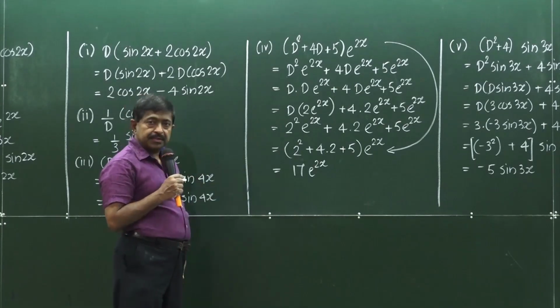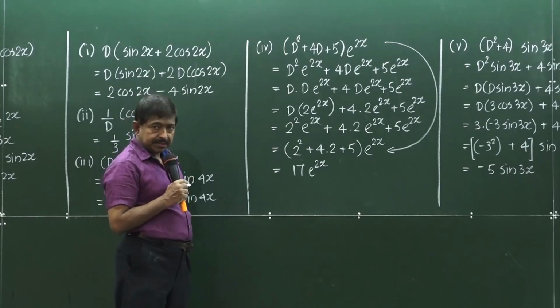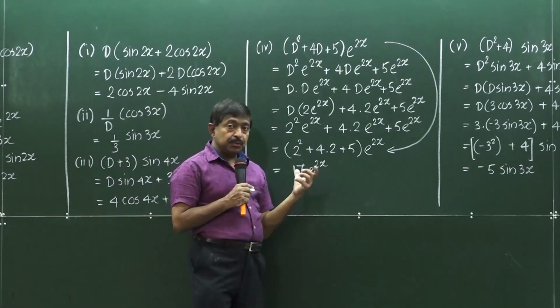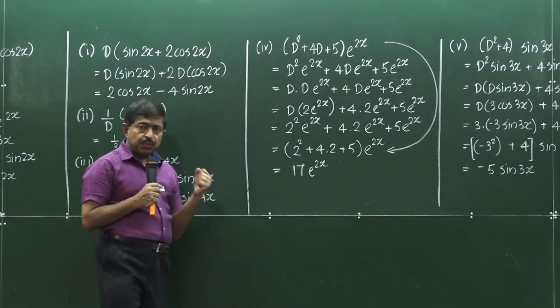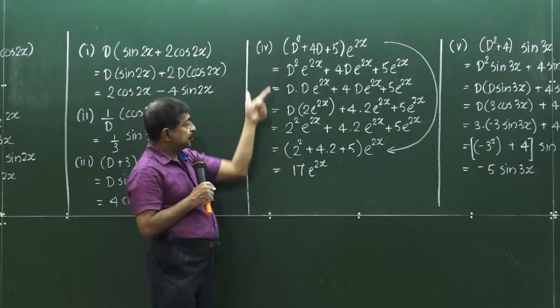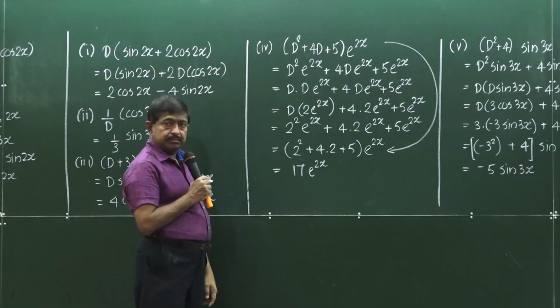That's what it says. And it is true for any such function of D operators. So you can come up with the formula once you see this one. What is that formula?